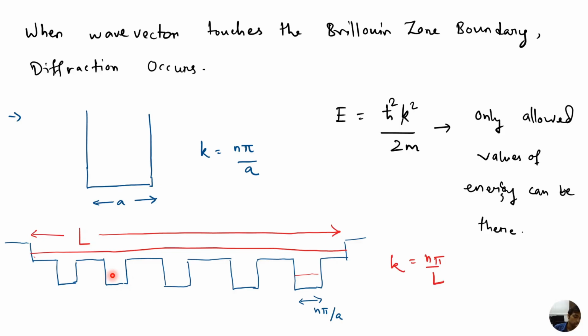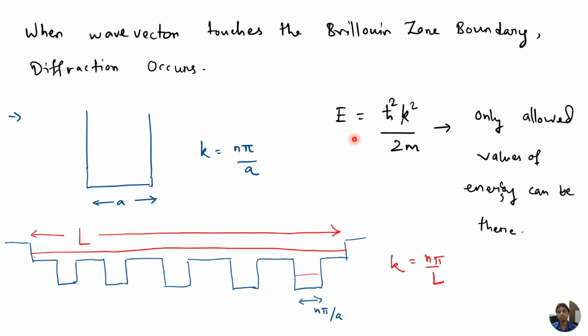So the spacing between n pi by A and n pi by L, and L is really very large as compared to A. If you compare these two, so here this K is very closely spaced as compared to this K. You're getting it right? So that's the idea here.